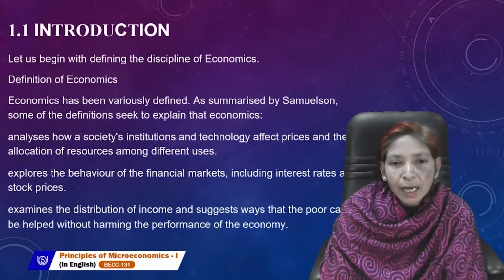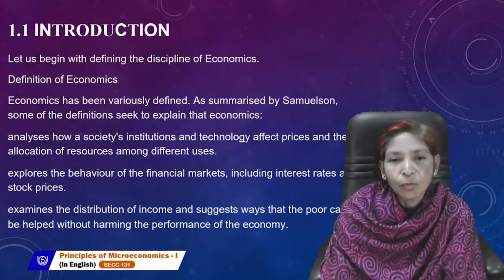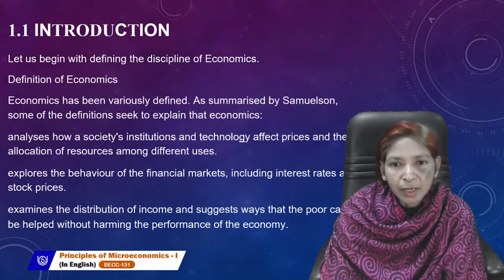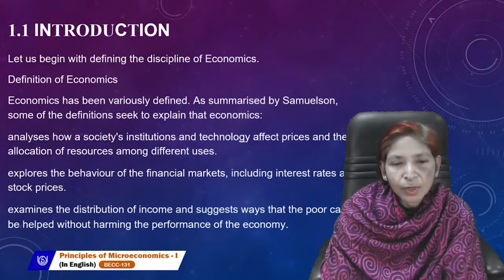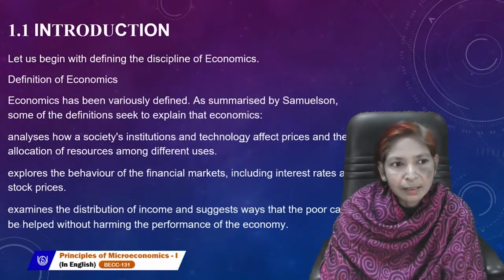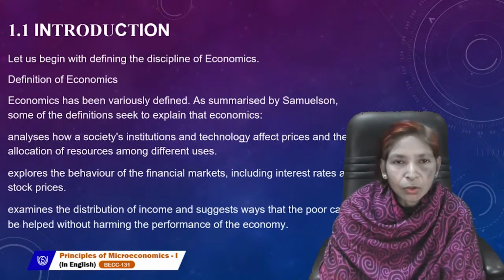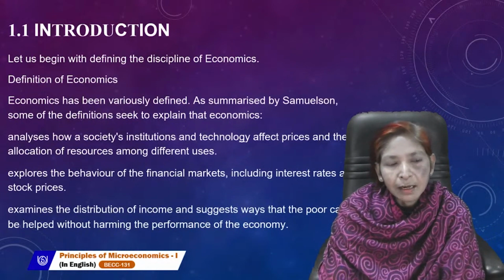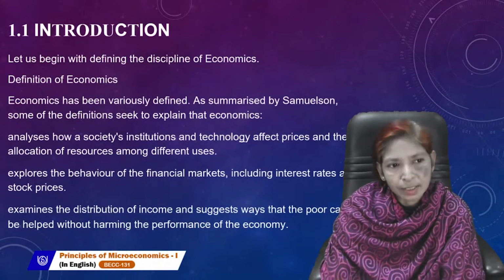Economics describes the behavior of all consumers and producers, who are known as human beings. Economics is defined and summarized by Samuelson. Some of the definitions seek to explain that economics analyzes how a society's institutions and technology affect prices and the allocation of resources among different uses.